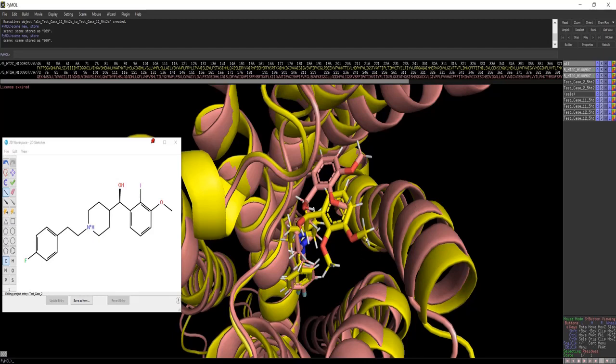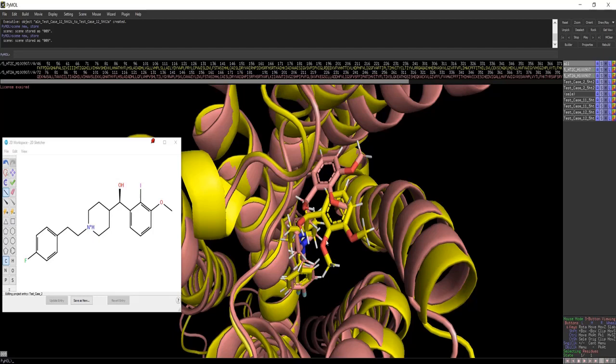But instead what I wanted to do is actually fortify or strengthen this interaction of this extended portion to helix 7, and inversely strengthen the interaction of this same position to helix 2 in 5-HT2A.